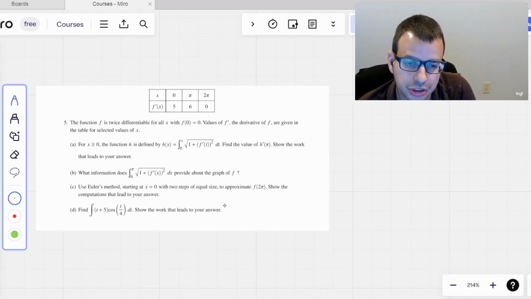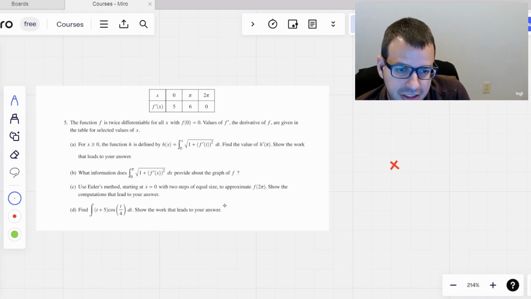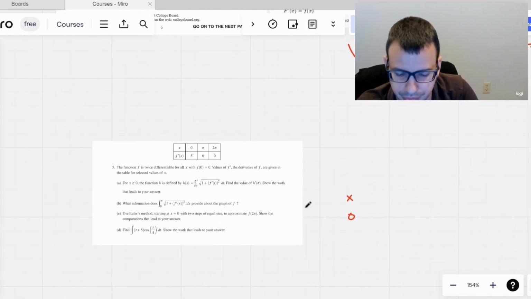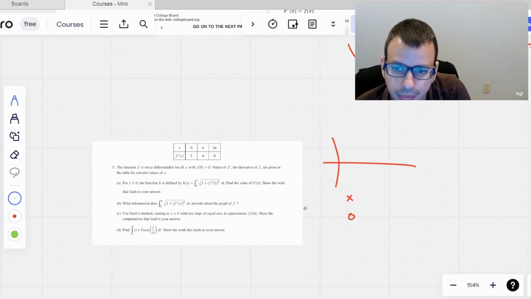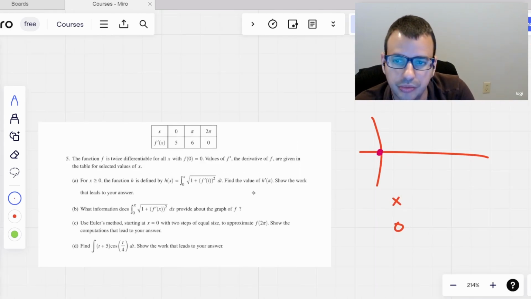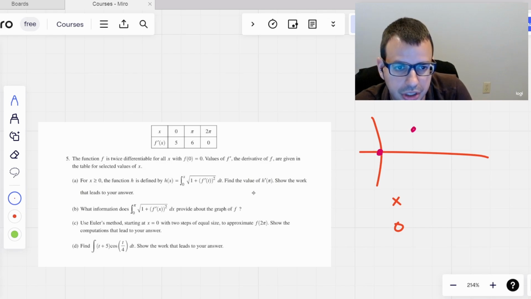So we're going to start with x equals 0. I'm going to start by drawing a picture. So we start at 0. We're told that 0, 0, and then we have a positive slope. So this and that.